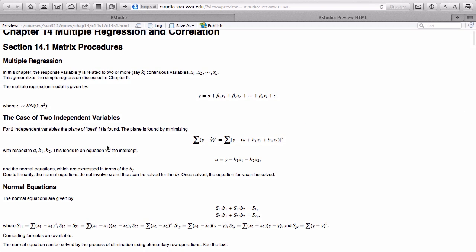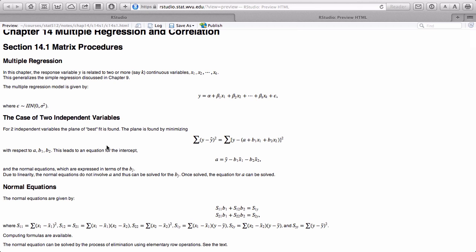Now, chapter 14 is the last topic in the book, and this is where we've talked about matrix algebra a little bit. I'm going to go over some basic stuff today, but I'm also going to give you a handout on some matrix algebra that I developed for another course. What I want to show you is how to do this matrix algebra in R. When you take a matrix algebra course, it's a little bit abstract.